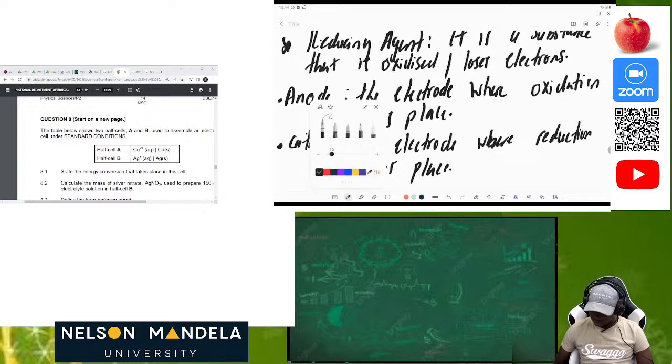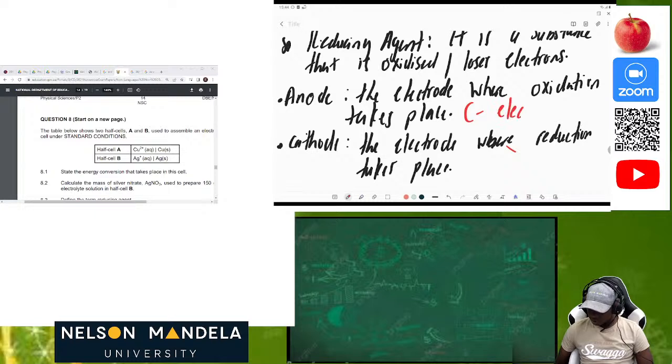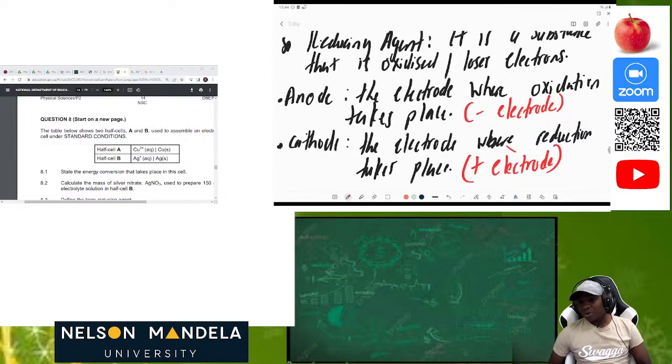Let me highlight some things now. This is a negative electrode. Then this is a positive electrode. We know that a general battery has terminals, but in electrochemistry we are using two electrodes. The other one is an anode, the other one is a cathode.